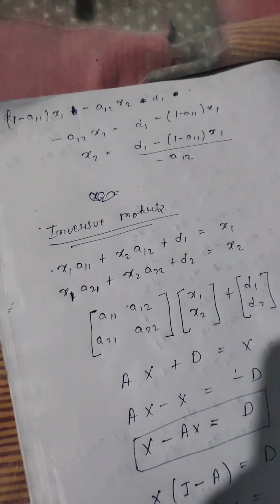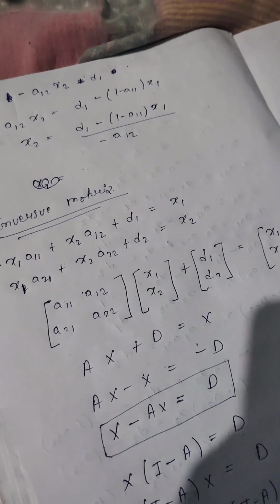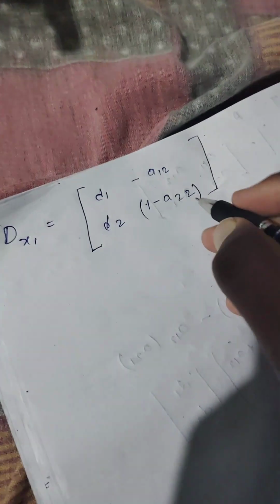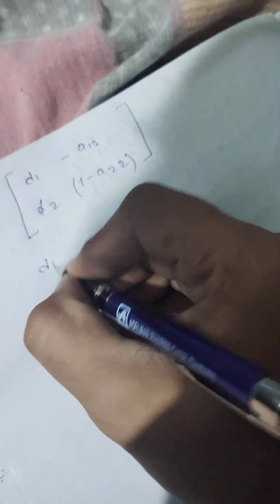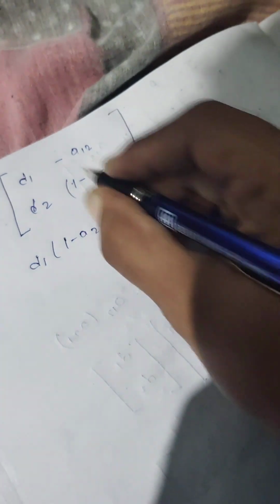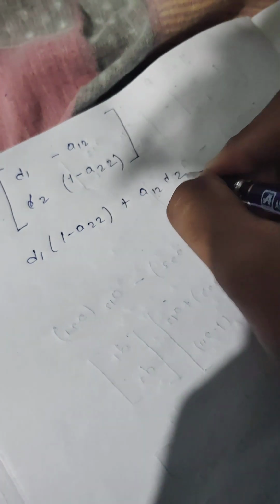Now we will take out Dx1. We will replace the first column with the constants, which are d1 and d2, multiplied by minus a12 and 1 minus a22. So to take out Dx1, we multiply the principal elements: d1 multiplied by (1 minus a22) plus a12 multiplied by d2. This is Dx1.